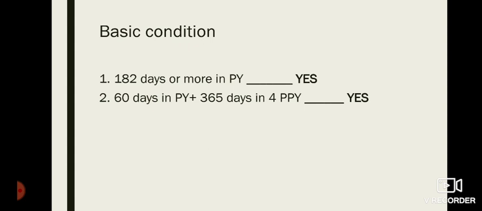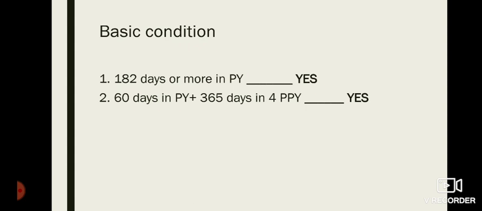He was in India for 277 days. That means he has fulfilled the first basic condition. He was in India for more than 182 days in the previous year. Therefore, I have marked the first basic condition as S, as he has fulfilled this condition.